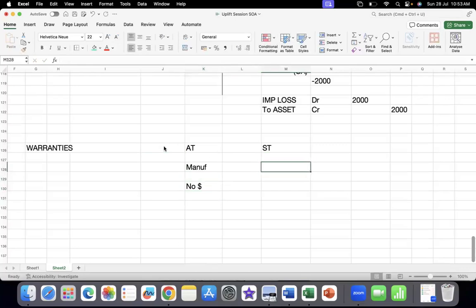But for service type warranty, it is optional. Not necessarily would it only be given by manufacturers, so there is no specific criteria for that, and it has a dollar value. So let's say you bought a television from, say, Sony. Once you bring the television home from the company, you by default get a warranty.